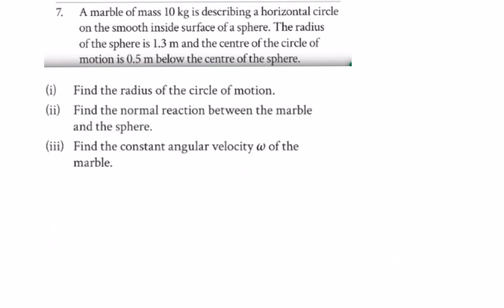In question 7, we have a marble of mass 10 kilograms, describing a horizontal circle on a smooth inside surface of a sphere. So again, we have a fixed point. We have the length of the string and the radius of the sphere, which is the length of the string, 1.3.